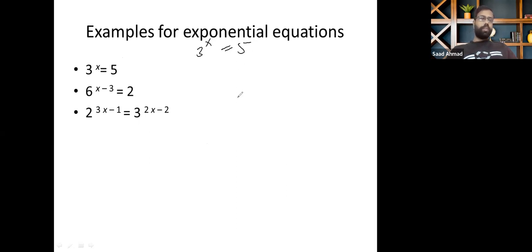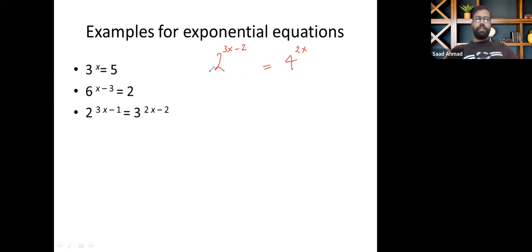To solve it, let's start with a more basic example. Let's say we have 2 to the power 3x minus 2 equals 4 to the power, let's say, 2x. Okay, like that. All right, so now let's try to solve it.